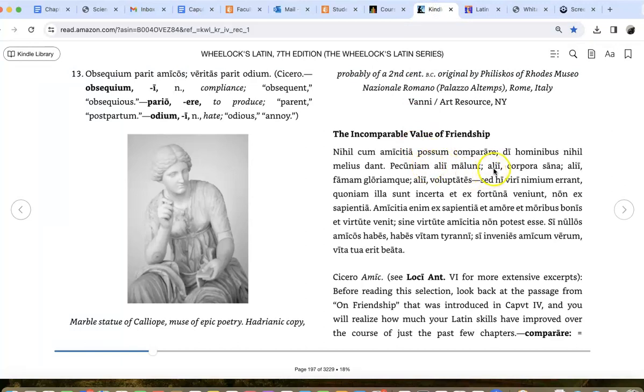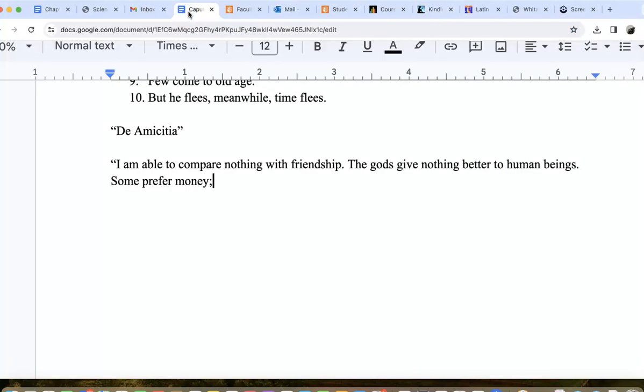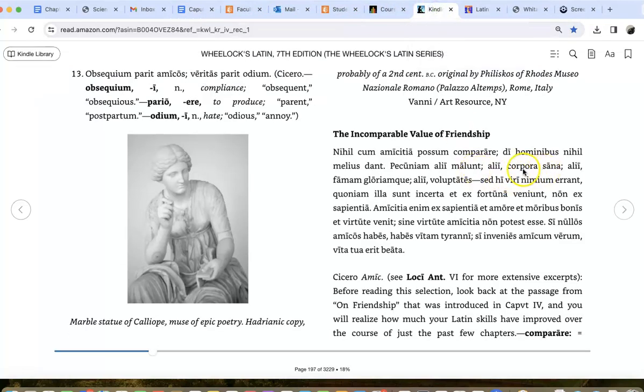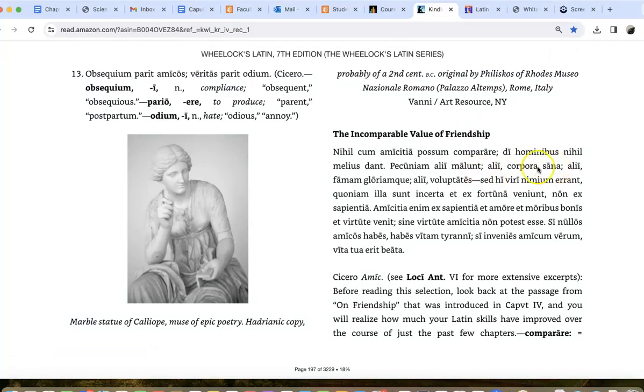So some prefer money, and then others a healthy body. Now you could potentially just say others health, but literally corporeal, like corpse. So a healthy body.